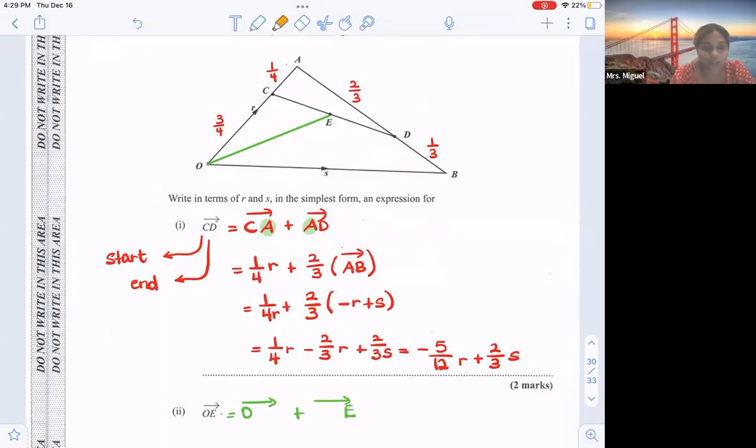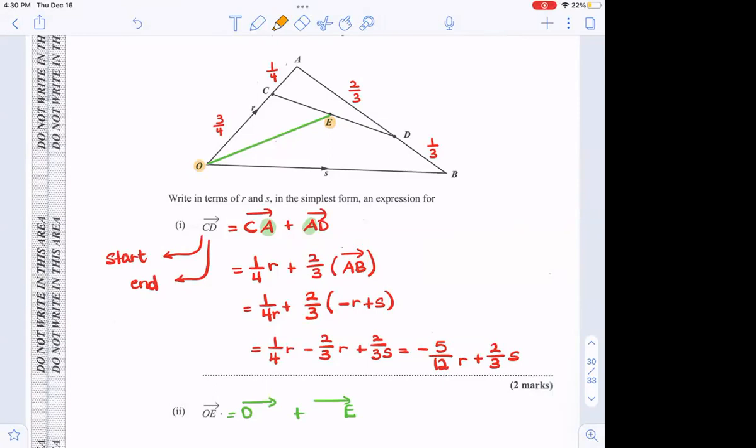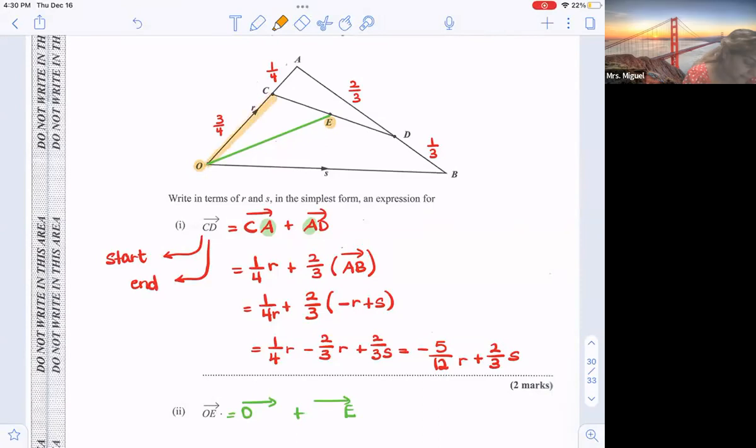Nicole or Bridget, I want to go from this point to this point. How will I travel? From O to? O to C to E, miss? Yes, O to C, and then from C to E. So O to C and then C to E.